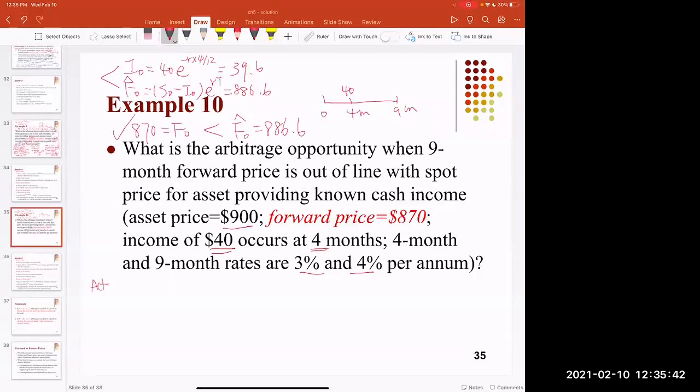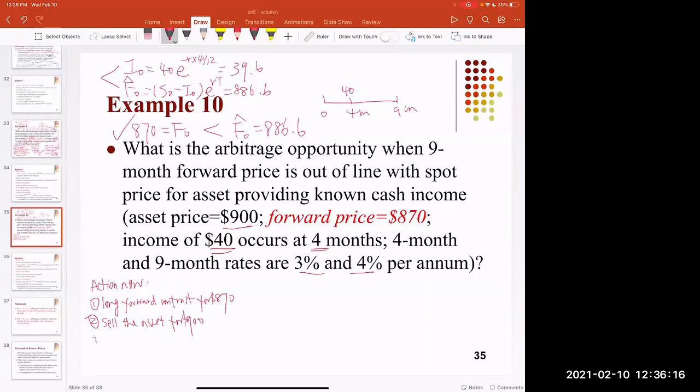So the action now is you're going to go long a forward contract at the market forward price of $870. And then you're going to short the right-hand side. So you're going to sell the asset for the asset price, which is $900.